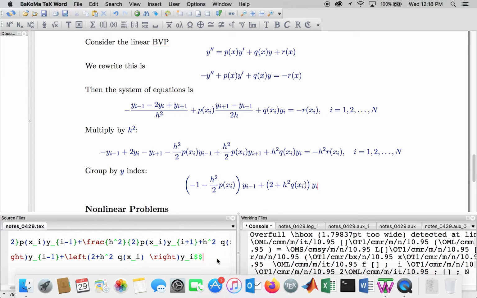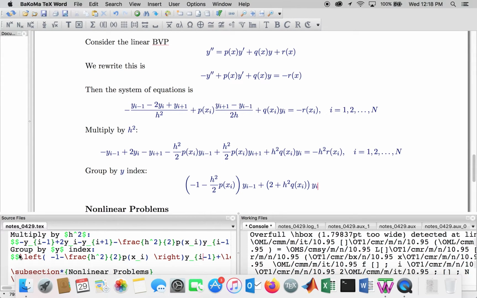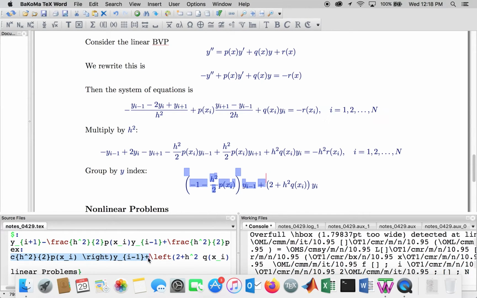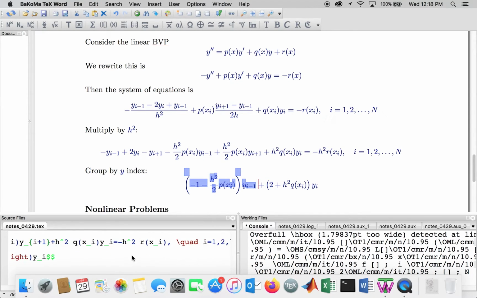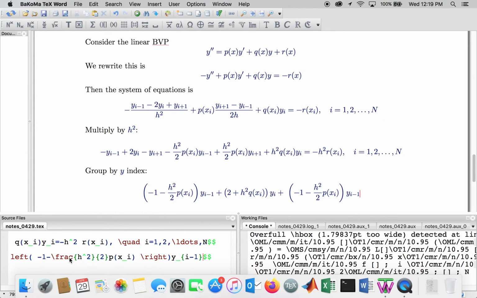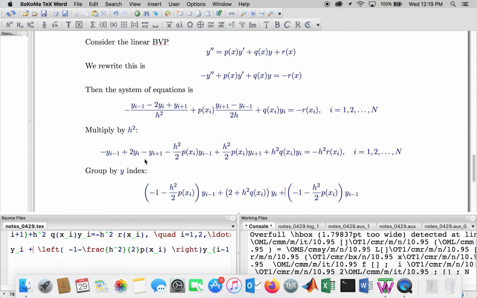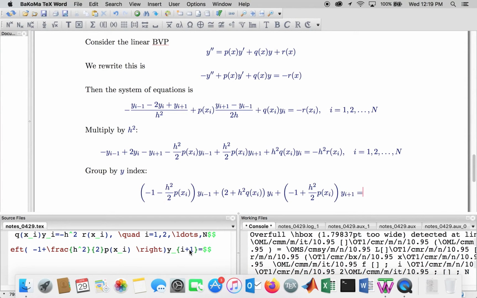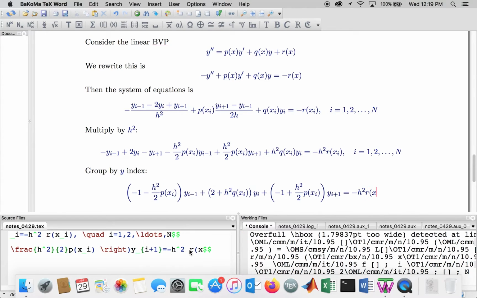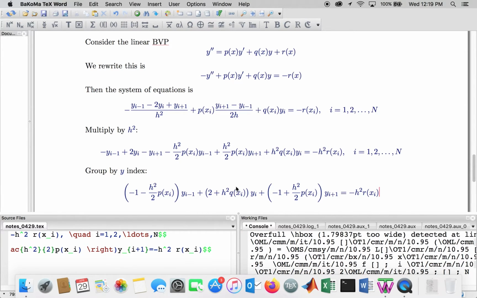And then I will also have an expression for y i plus 1. The only difference is here I'd have a plus instead of a minus. It'll be y i plus 1 is equal to minus h squared r of x i.